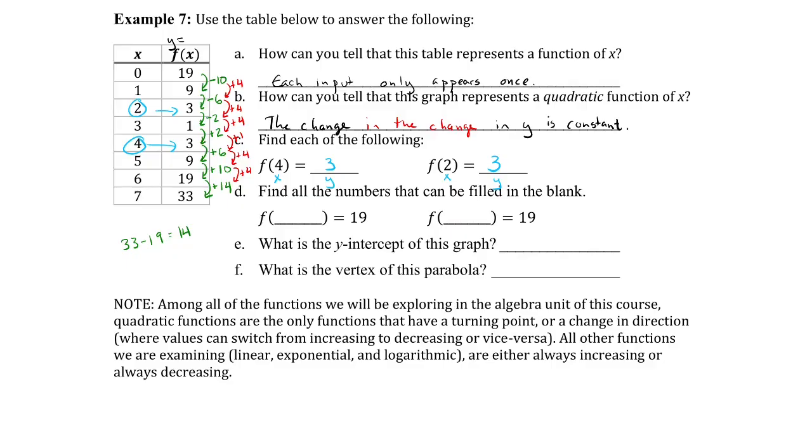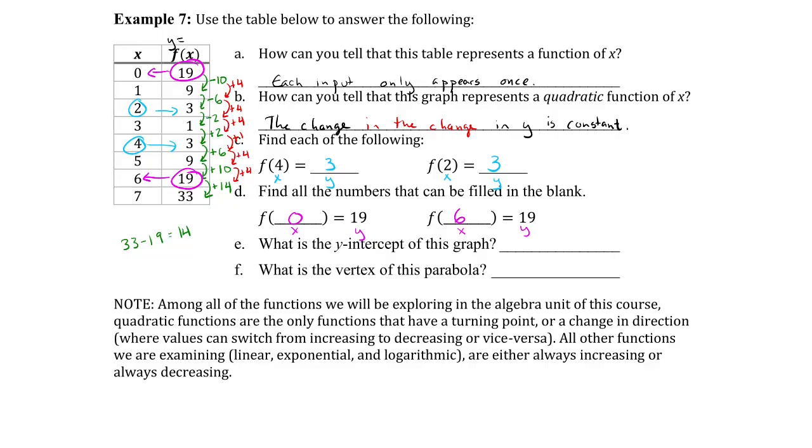If we want to answer f of what is 19, we expect 2 possible answers here. And indeed, we find output 19 showing up twice in our table. Once came from input 0, and once came from input 6.